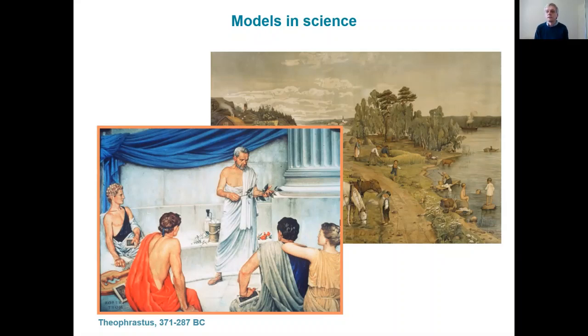This is Theophrastus, who lived 3 centuries before the birth of Christ, and he wrote some of the first, what we could call, botanical textbooks, describing morphological features of different kinds of plants, relating that to the utility of those plants, thinking about the climates, the soils, the topographic situations in which those plants were found, which of course was useful information to those that use the plants, again, as sources of food or fiber, what we might call ecosystem services today.